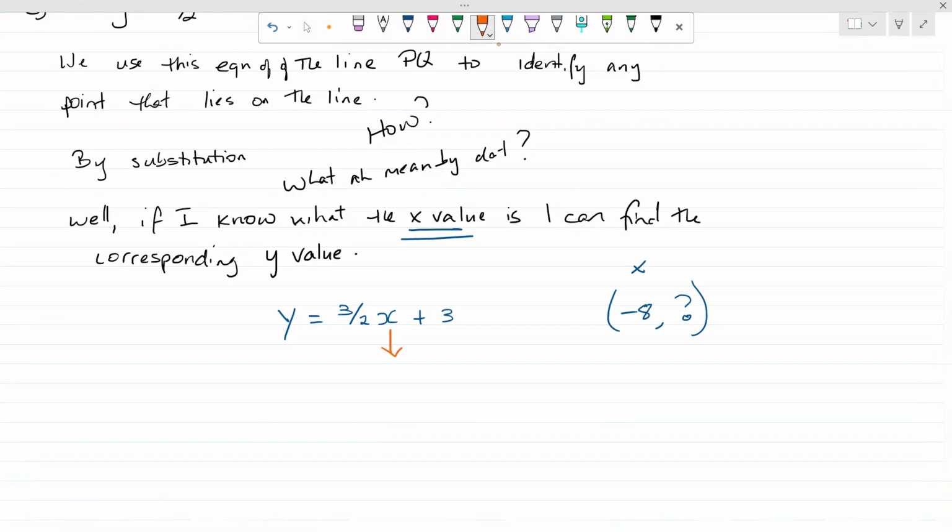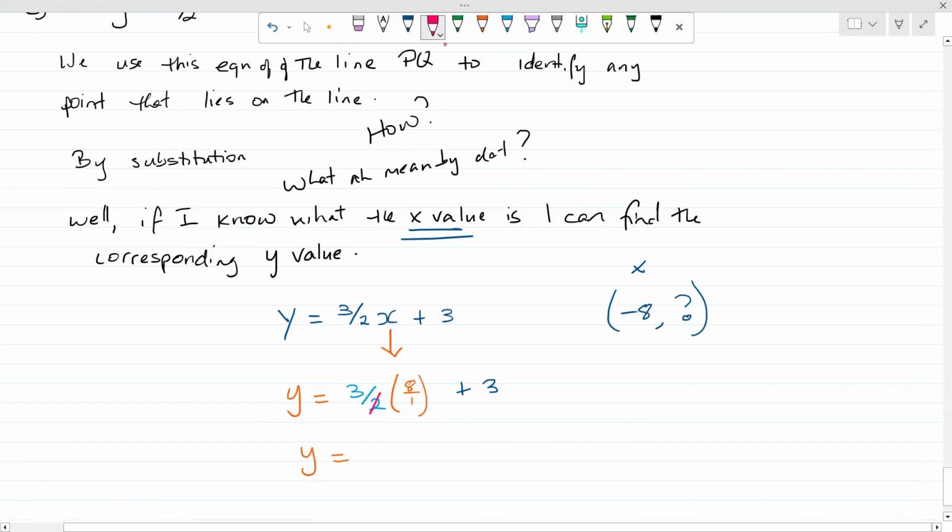And I'll be able to work out what y will be equal to. Because look at this. If I put 3 over 2, and I put in the 8 here now. Put it over 1, right? So you see the fractions. Plus 3. I could work out this entire side and I'll get what y will be equal to. Does that make sense?